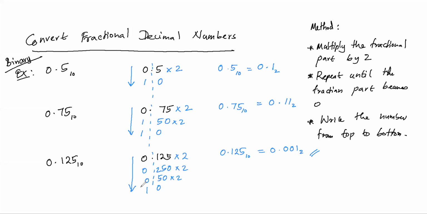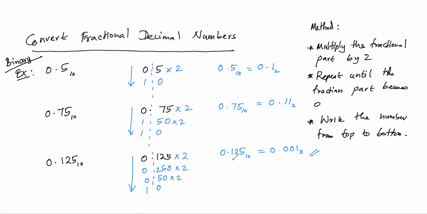So let's look at how we got it. We have 0.125 in base 10. You get the fractional part. You multiply by 2 until this fractional part becomes 0. Then the other side will have the values. So the values we will write from top to bottom.